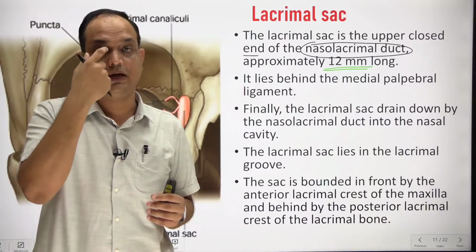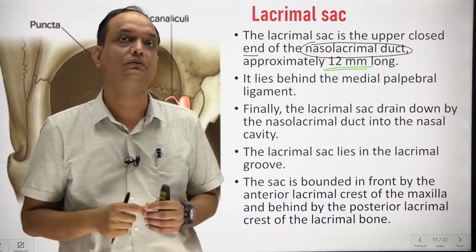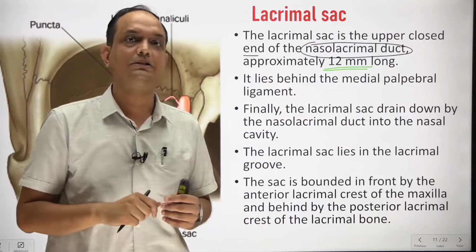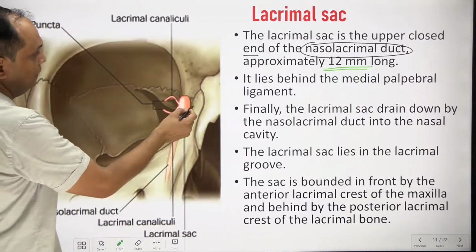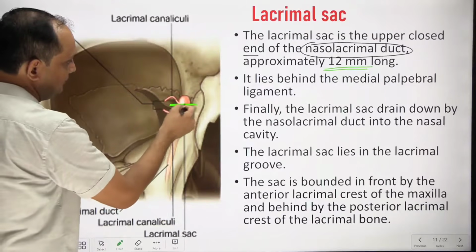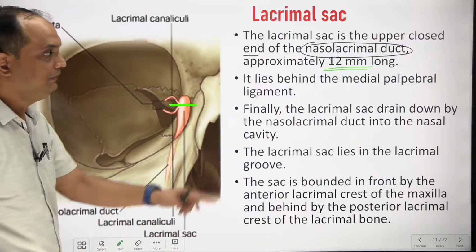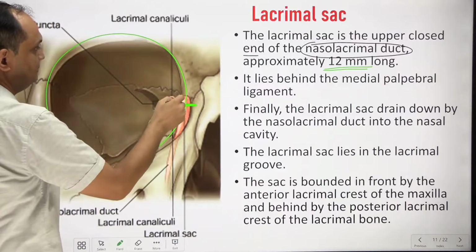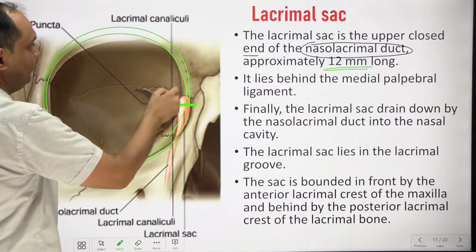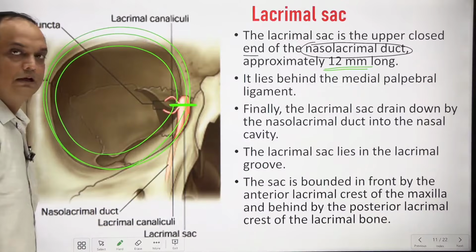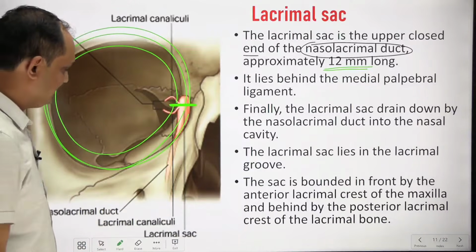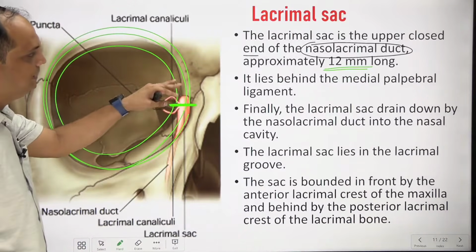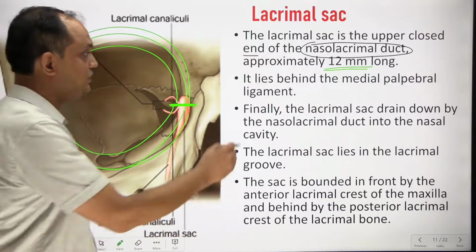One is the circular fibers, those along the margin of the orbit. The fibers at the orbit margin arise from a ligament we saw there, the medial palpebral ligament, and are arranged in a ring form. Clear? So this lacrimal sac lies behind this medial palpebral ligament.